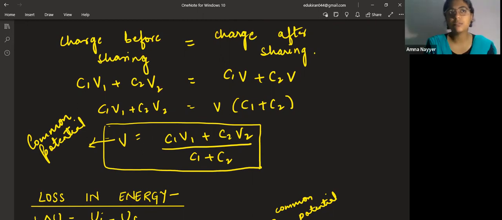That's enough. Whatever charge you get before the capacitors are connected, add it and keep it aside. Check your final answer when the capacitors are connected, and then equate both of these to find the common potential.